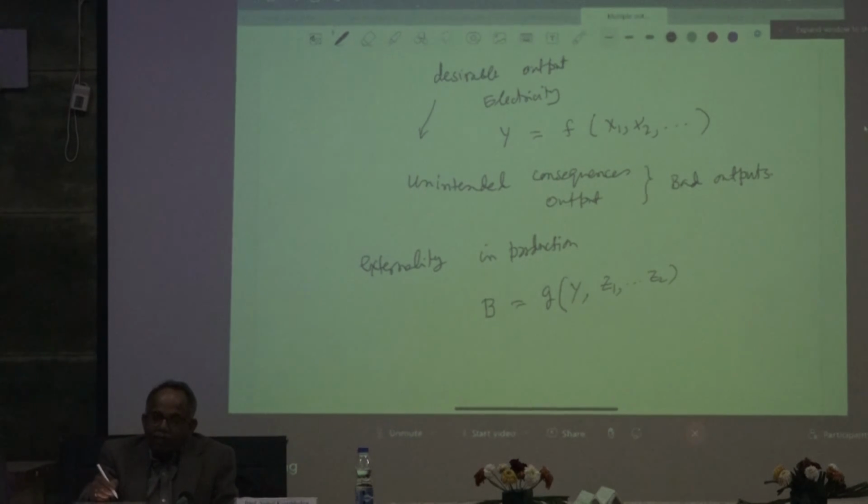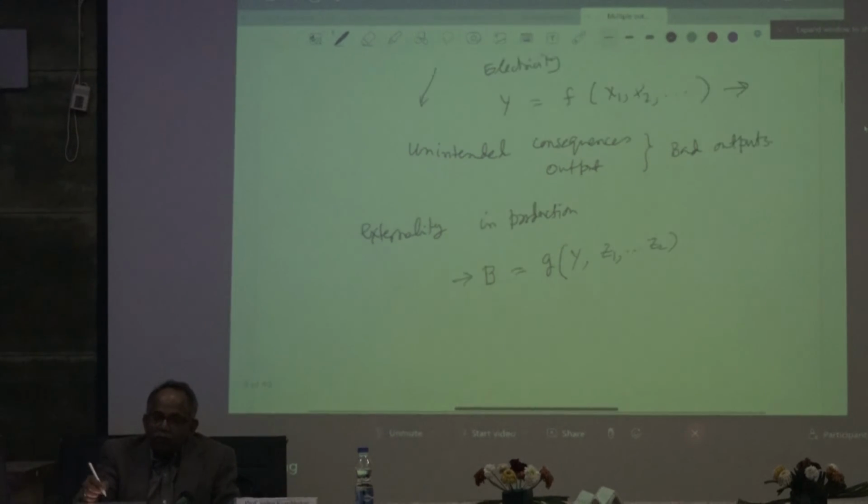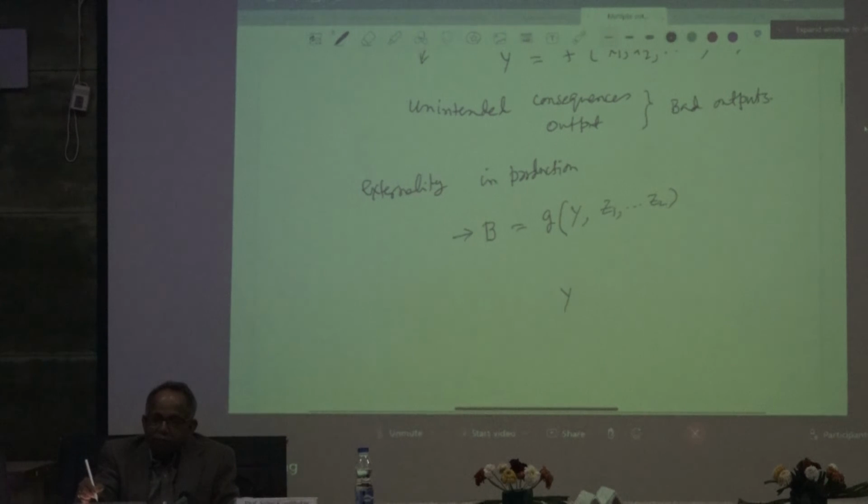So anyway, thinking in terms of only one B, you can have many of those things. So you can just write it out like this. What is happening is that you can think of estimating this as it is because it is not affecting B. If you look at the relationship, you have Y and Y is generating B, but B is not affecting your Y directly.